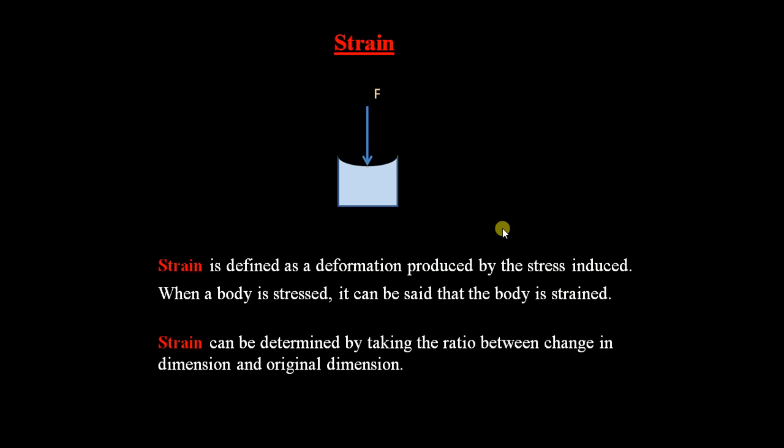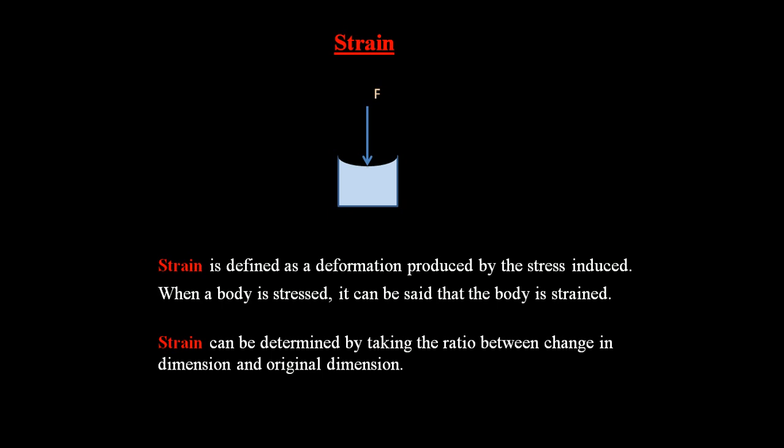And again here for finding the strain, we can give another definition. That means to give the quantity to the strain, how much the strain has taken place for the body, we can consider another definition, that is defined as ratio between the change in dimension and original dimension. So it is related to deformation.